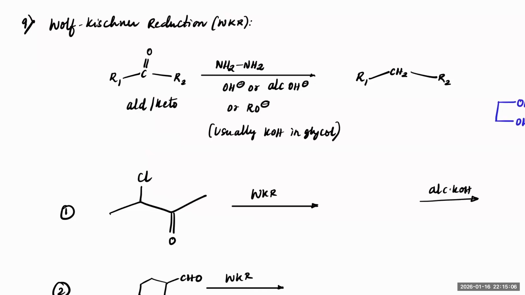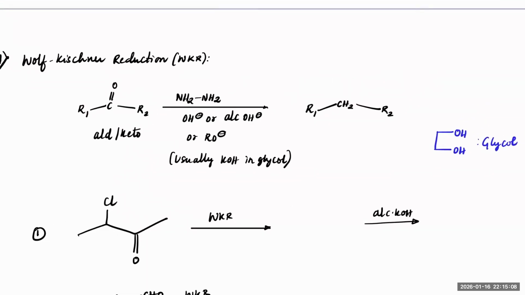Next, Wolff-Kishner reduction. The reagent basically is hydrazine. NH2NH2 is called hydrazine. Hydrazine in alcoholic KOH is what we call Wolff-Kishner reduction. As it reacts, this C double bond O will convert into CH2.